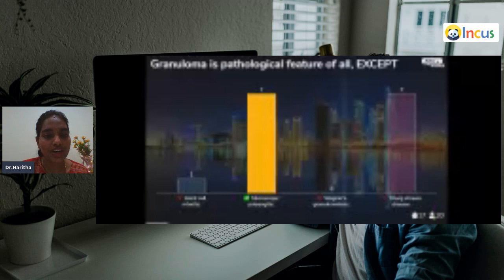Giant cell arteritis, Wegener's granulomatosis, Churg-Strauss syndrome, and Takayasu arteritis all show granulomas. Granulomas are not seen in the systemic vasculitides where small vessels are affected, like microscopic polyangiitis and polyarteritis nodosa, and in some cases of Churg-Strauss syndrome.